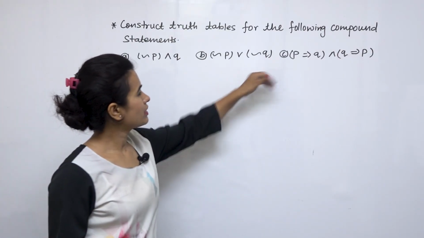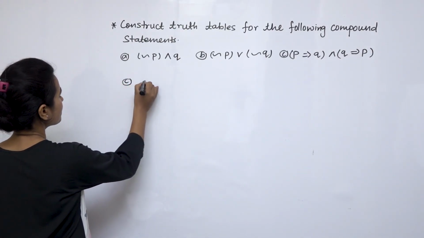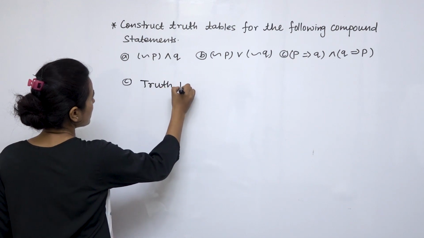Now the truth table for the third one. In the third one, let's draw the truth table.